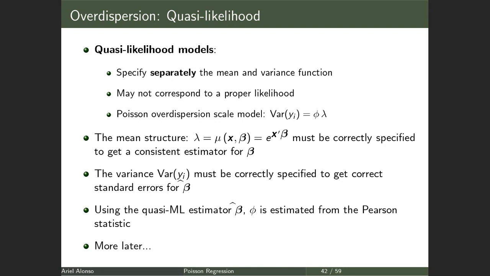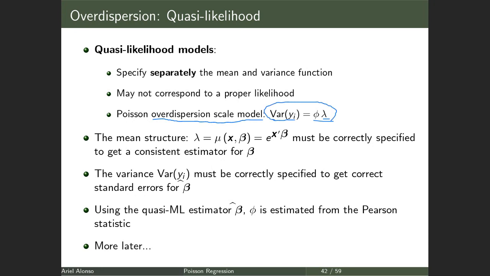Now, in quasi-likelihood, you're going to specify these two things separately. You are going to specify the mean, and you're going to specify the variance. Of course, this mean and this variance may not correspond to any proper distribution. For instance, in the Poisson distribution, you can try to model overdispersion using the so-called scale model. So you specify the variance of y not as lambda, but as psi times lambda. So now you specify the mean, and you specify this variance function.